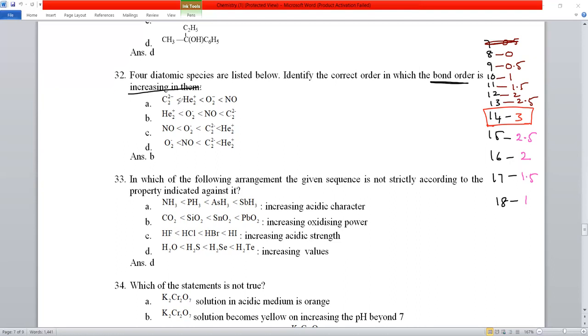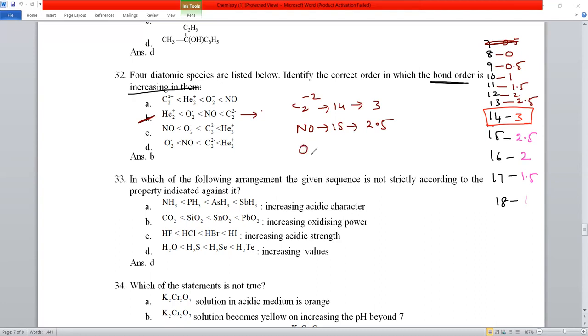Now go to the options. Option B is the one they have given as correct. Let's check. C2 2-minus is a 14 electron system, and the bond order is 3. And NO, they have given; NO is a 15 electron system, bond order 2.5. Check, students, I have given you a shortcut trick.